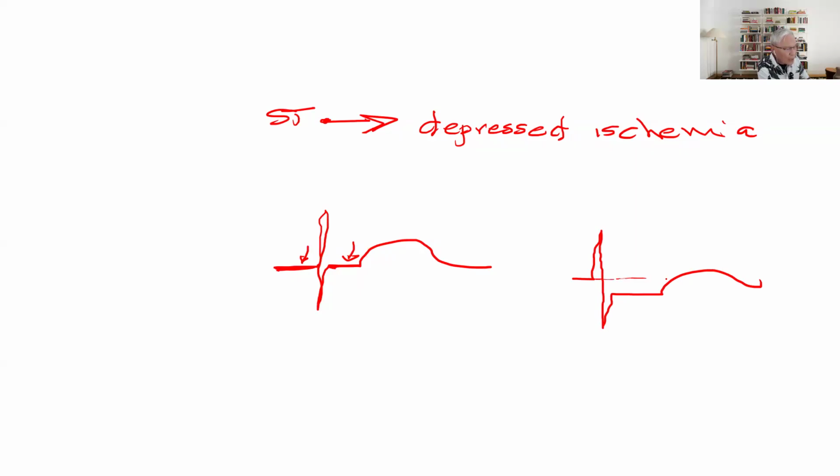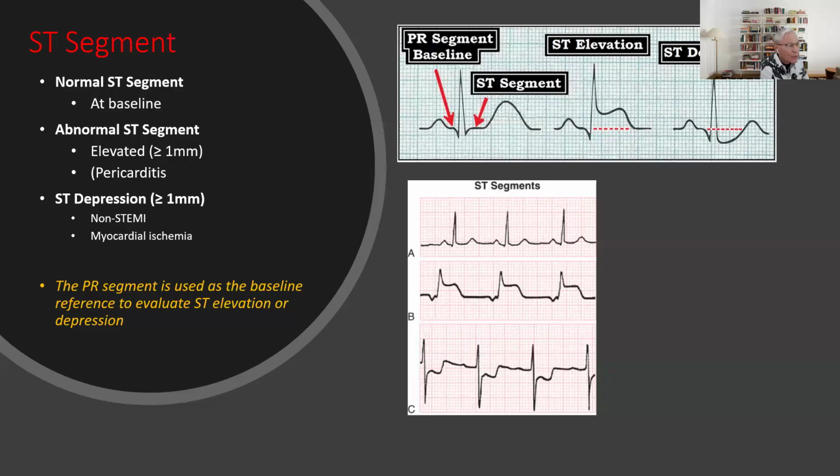So if you take a look at it right there, the ST segment is depressed. This is a sign of myocardial ischemia, okay? So ST depression, similar to this, is going to be a sign of myocardial ischemia.